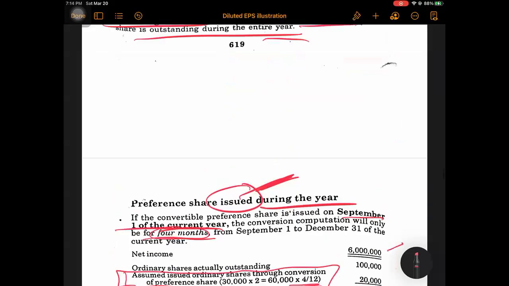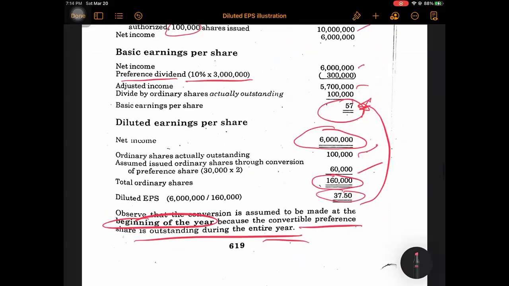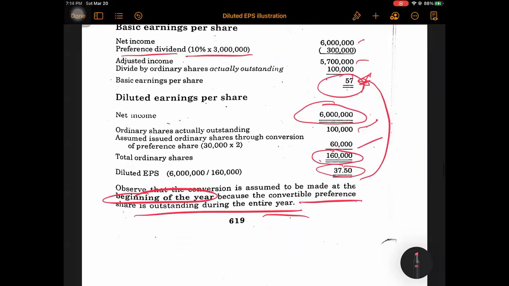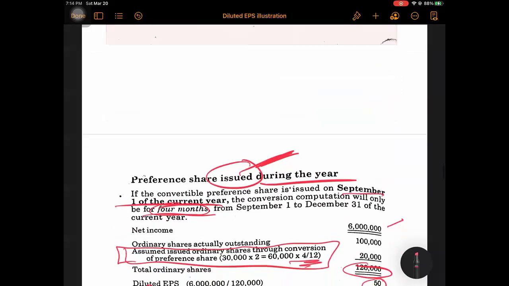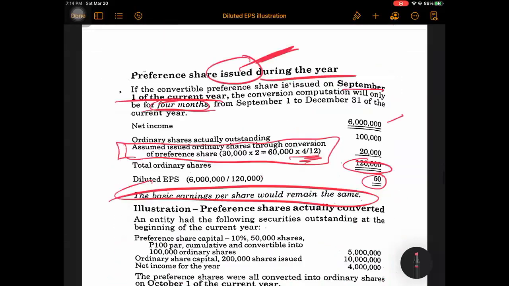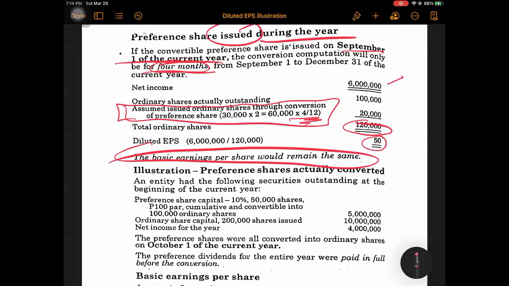Compare this to our basic earnings per share, 57. So it is still dilutive. Based on the information given for the convertible preference share, it was issued during the year, and the computation is 50. So it is still a dilutive security.